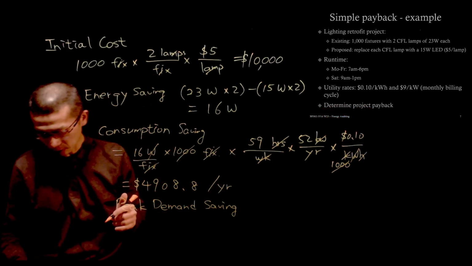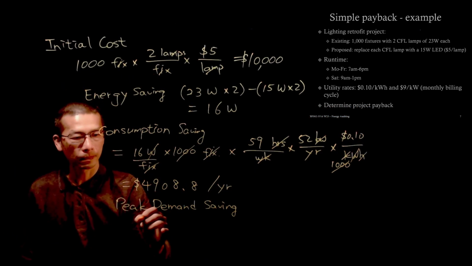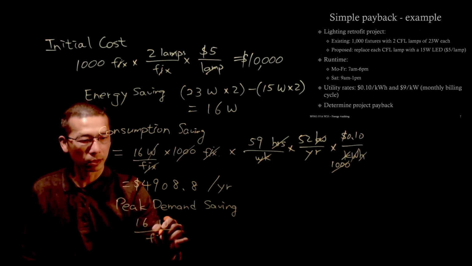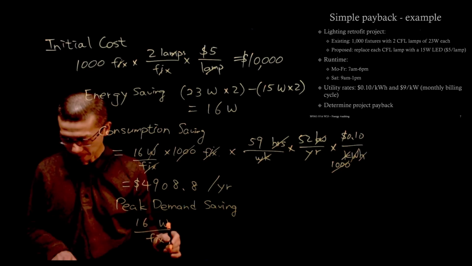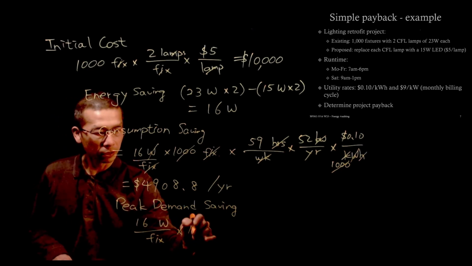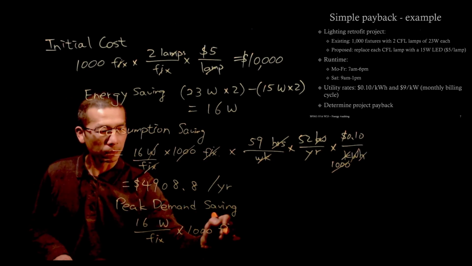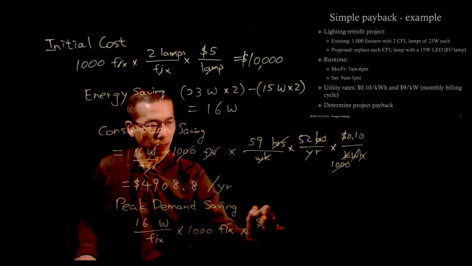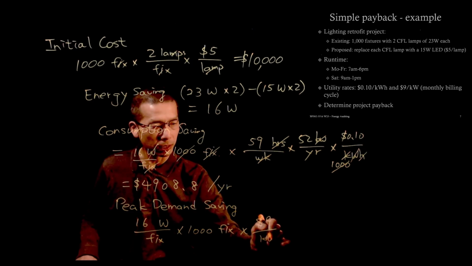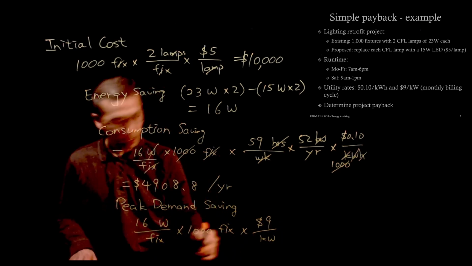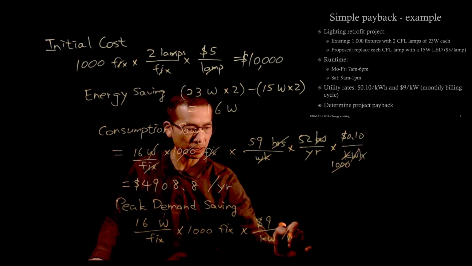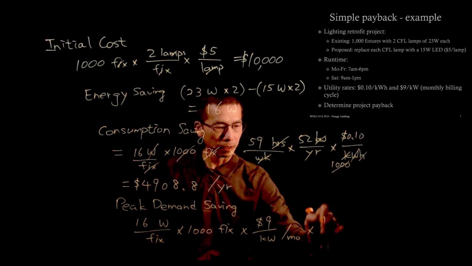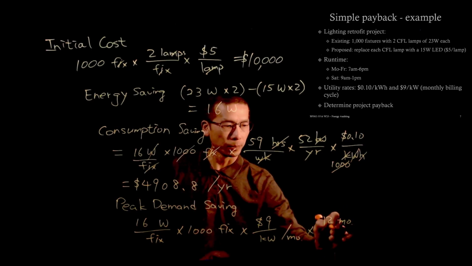So 16 watts per fixture times 1,000 fixtures times $9 per kilowatt, and don't forget per month as well, times 12 months per year.